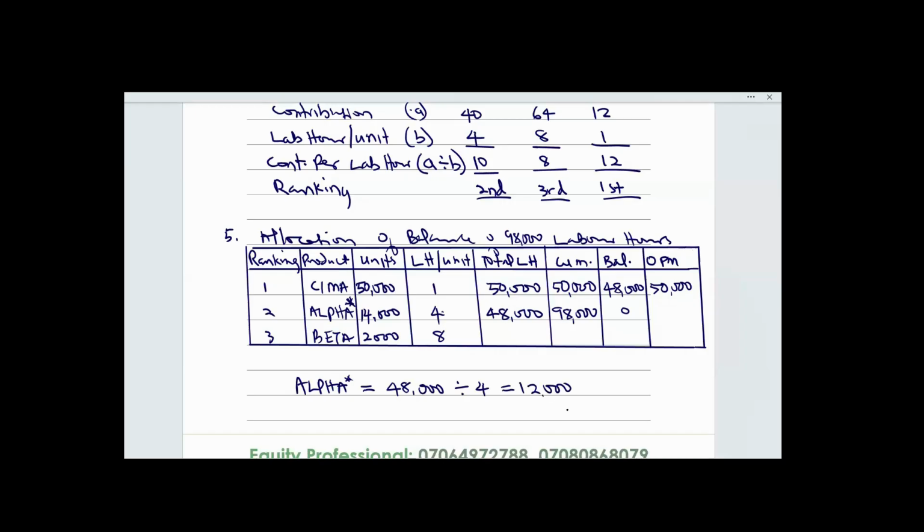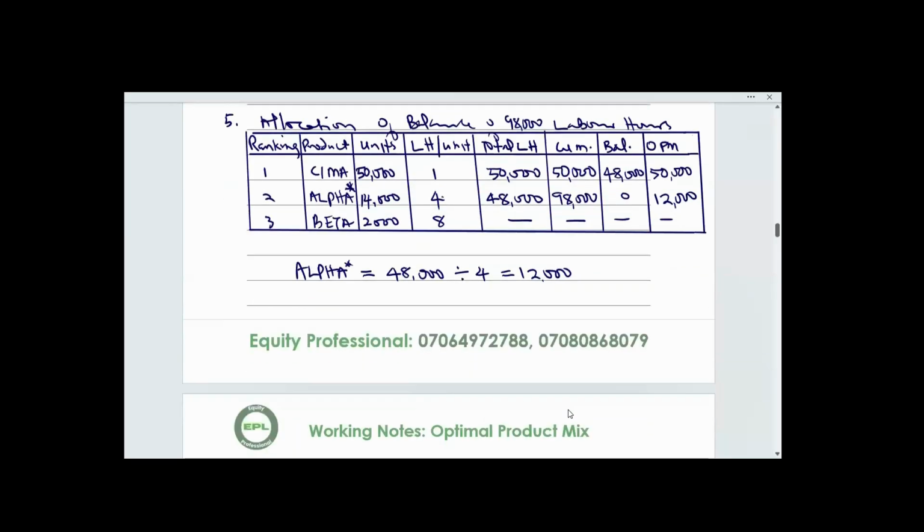So out of the 14,000, we can only produce 12,000 units of Alpha. Nothing will go to Beta because you don't have sufficient to do that.